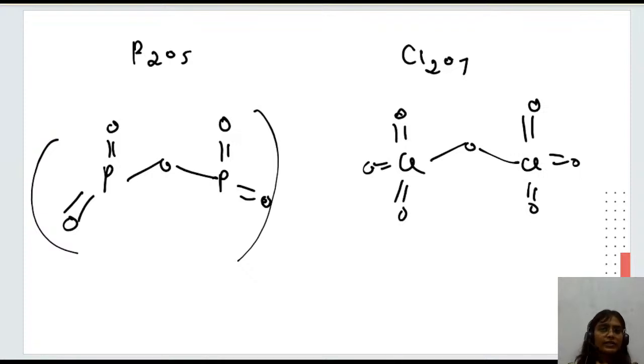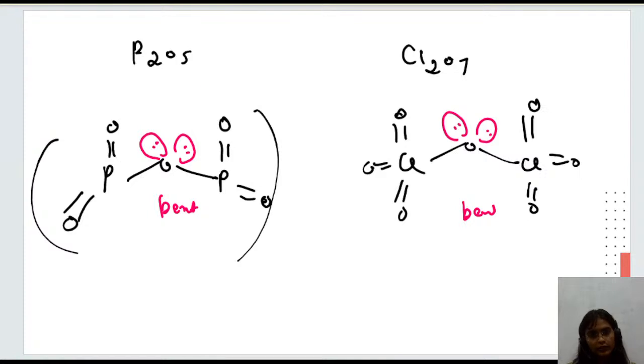In this case this is a bent shape. This is also bent, the center one. So let's suppose you're comparing the dipole moment for this and this, and between oxygen it's like this. So how? It's not possible. In this case you are not having zero.